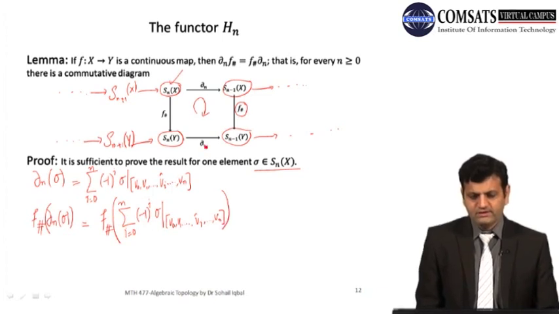Now f hash is linear. We defined it to be linear because we defined it using the extension by linearity.